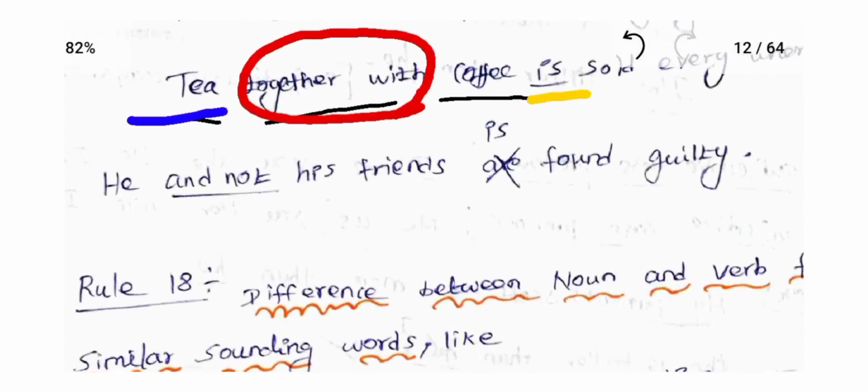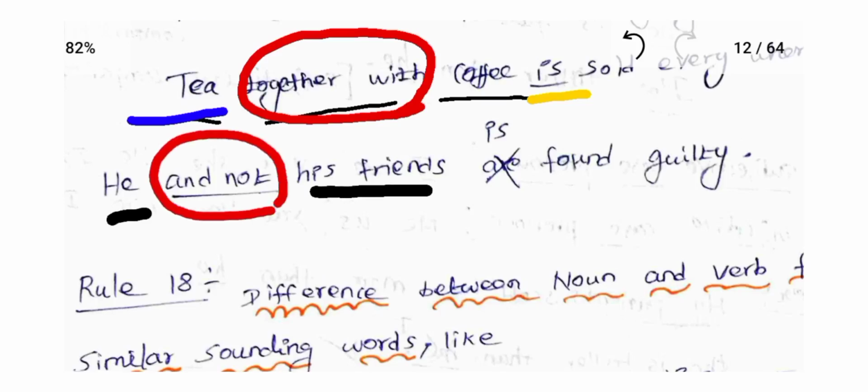See the next example. He and not his friends is found guilty. He and his friends are connected by and not. So the verb agrees with the first subject, he. So a singular verb follows after his friends.